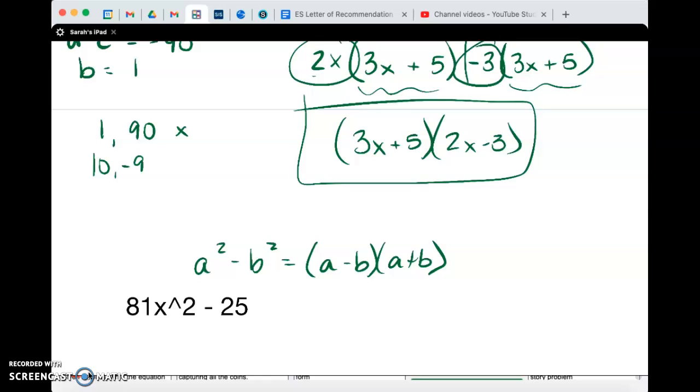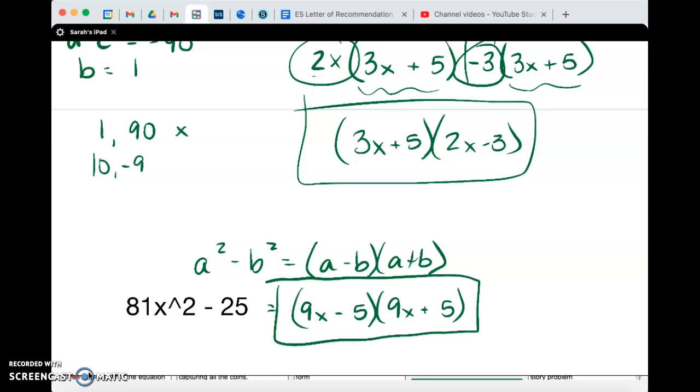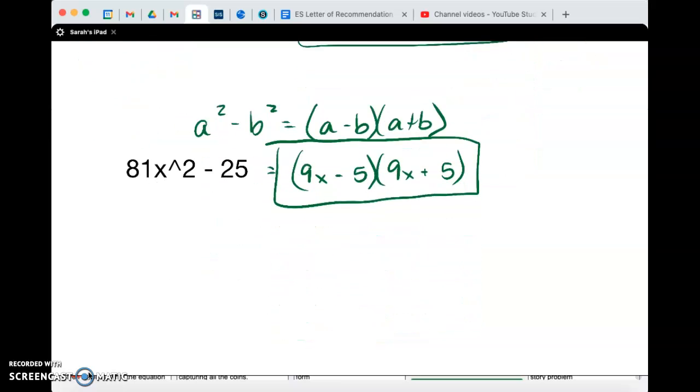Then I have a subtraction sign, so I can write it straight in factored form. So basically I'm square rooting each term. So 9 and 5. I have 9x minus 5, and then 9x plus 5. Done. Those ones are always the nice ones. We have the perfect squares. Bam, it's done.